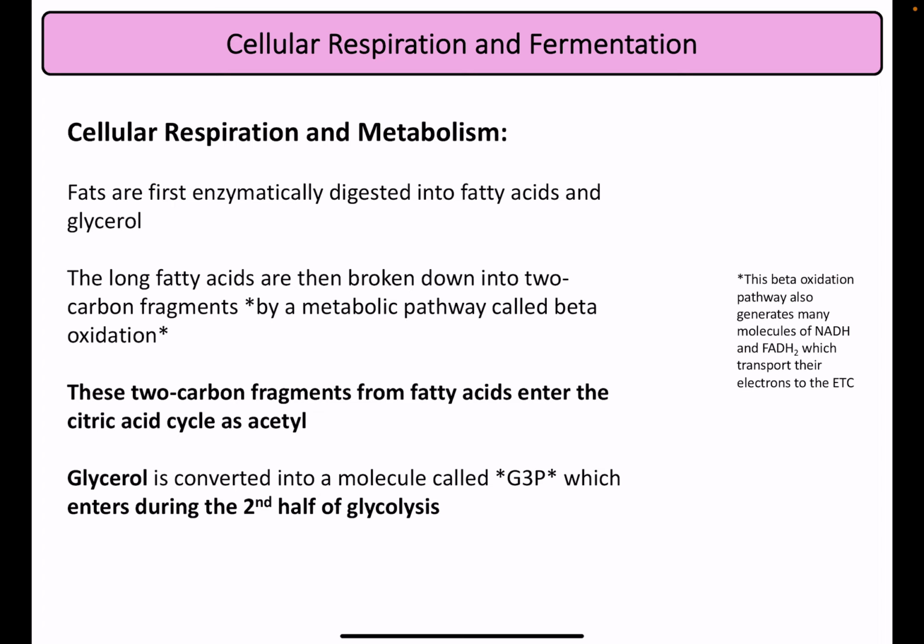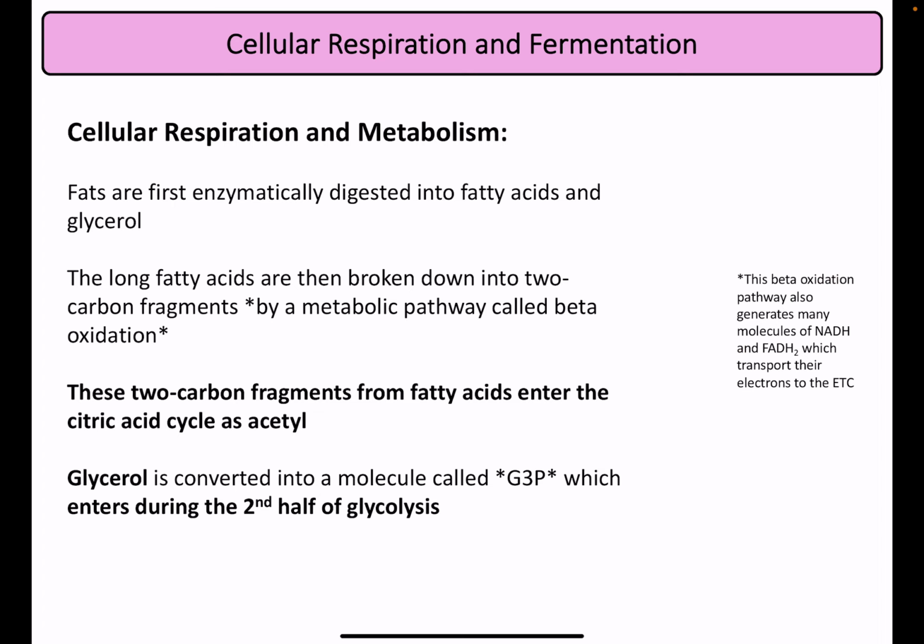Then those really long fatty acid tails, which are just a bunch of carbon and hydrogen, are chopped up, in a sense, using enzymes, into little pieces of 2 carbon molecules. So for instance, your average fatty acid tail is like 18 carbons long. So that means in this process, you would chop it up into 9 little 2 carbon chunks.